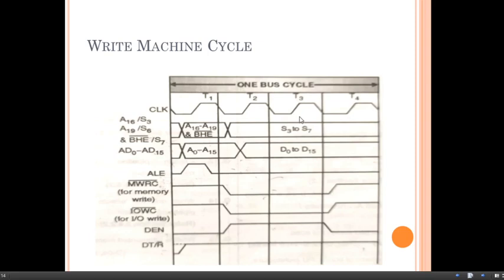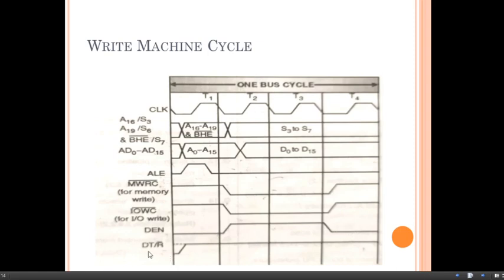During the wait state, if the ready input is made high, then the processor will first of all complete all the wait states, and then it will go on to complete this T4 cycle. Here the DEN signal is made high during T2, and during T4 it is again made low.